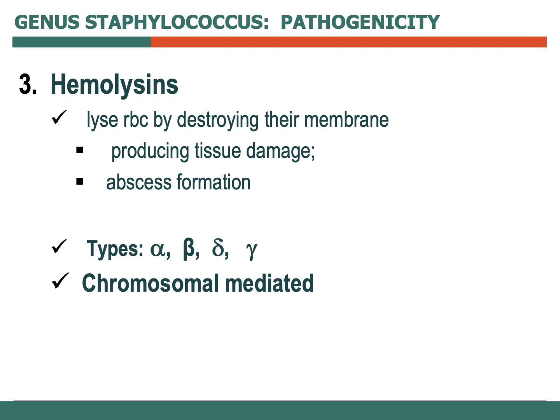You also have hemolysin, or your cytotoxin. Your hemolysin, in general, lyses RBCs by destroying their membrane. Once their membrane is destroyed, it produces tissue damage or even abscess formation. You have 4 types of hemolysin: alpha hemolysin, beta hemolysin, delta hemolysin, and gamma hemolysin. And these are chromosomal mediated hemolysins.